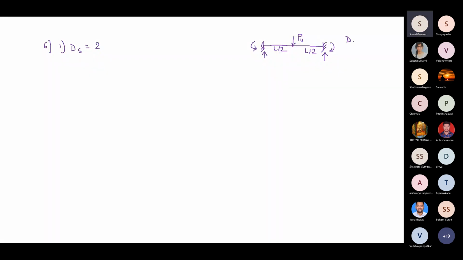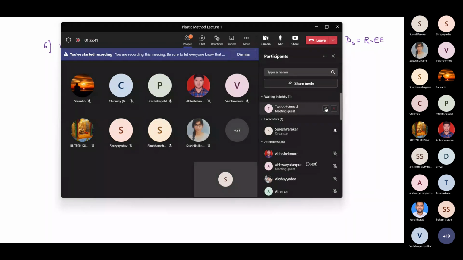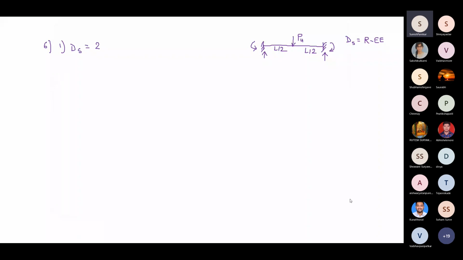So we have DS equal to R minus equilibrium equations. How many R do we have? 2 and 2, 4. So we have 1, 2, 3, 4. So we have 4 minus equilibrium equations 2.